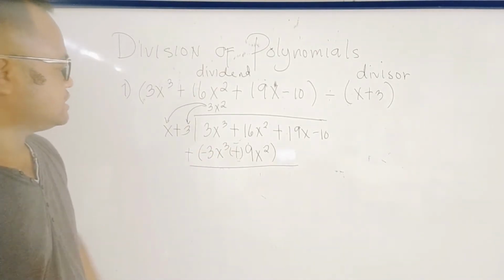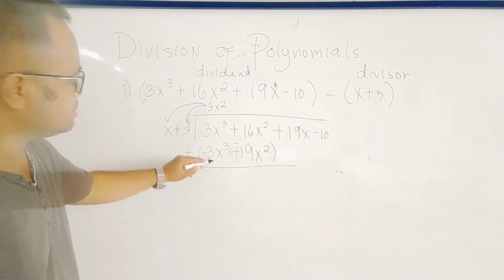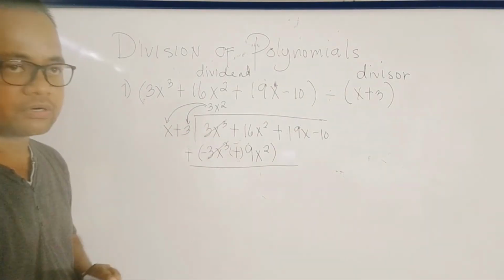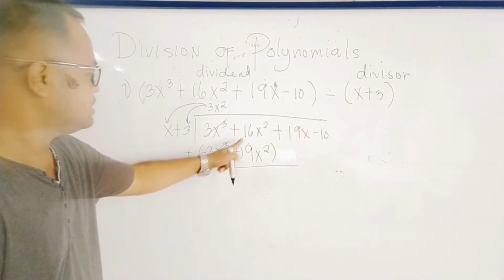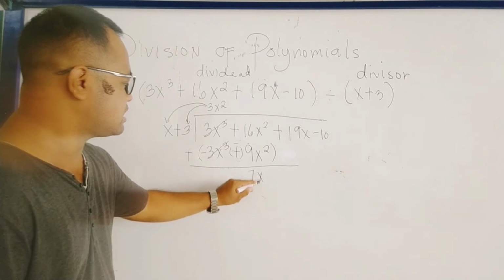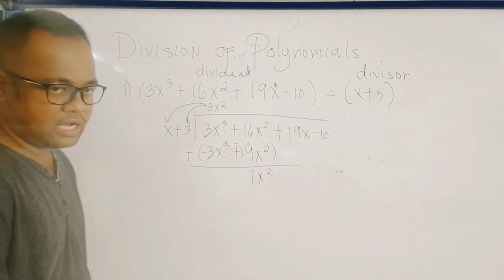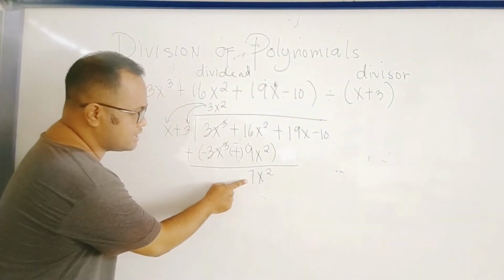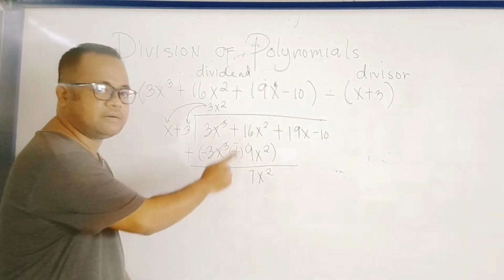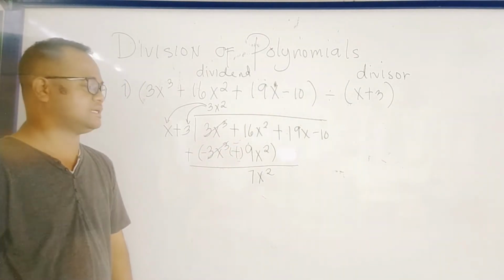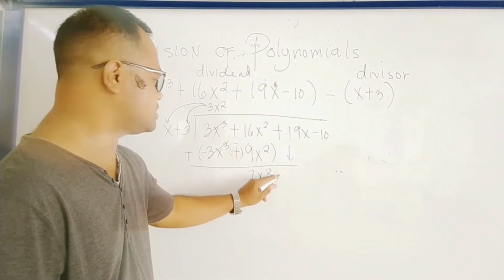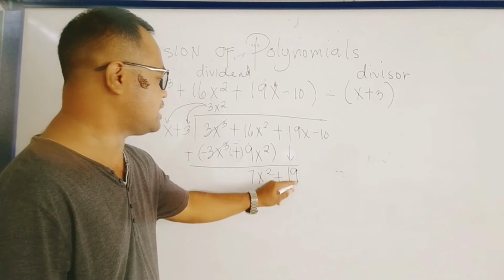So you subtract now: 3x cubed minus 3x cubed is 0, or you cancel it. 16 minus 9 is 7, then copy the variable. The 7 is positive because the absolute value of 16 is greater than the absolute value of 9. Then, after you subtract, you bring down the next term, which is positive 19x.